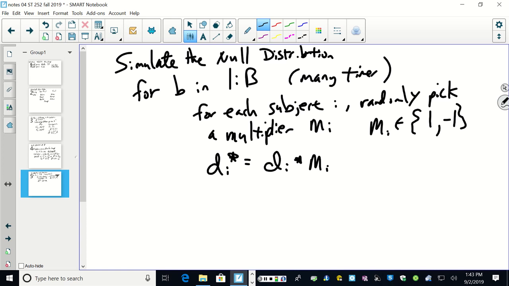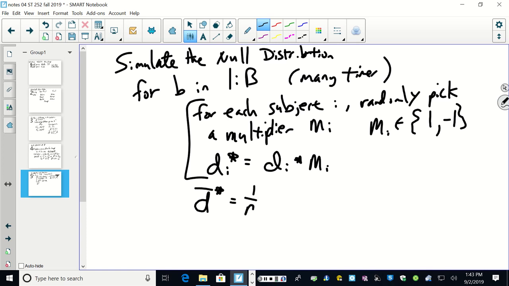So if it's 1, we get the original value, and it occurs in the same order, yi1, yi2, as we actually saw. But if it's negative 1, it's as if we had flipped it, like seeing them in reverse order. So for each subject i, we do that, and then we compute d bar of these stars.